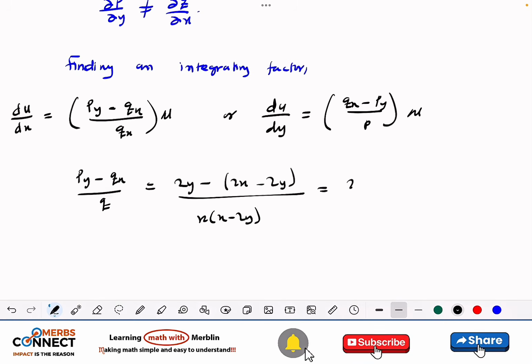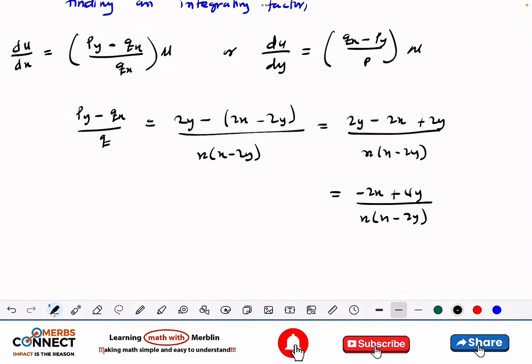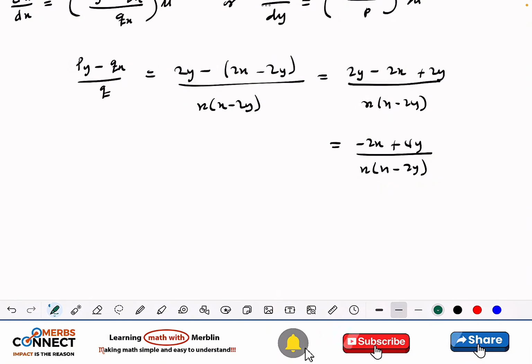So this will be 2y minus 2x plus 2y divided by x minus 2y. So let's see. This is the same as minus 2x plus 4y divided by x minus 2y. I think this one we can do something about it. Now here I can factor minus 2 out.